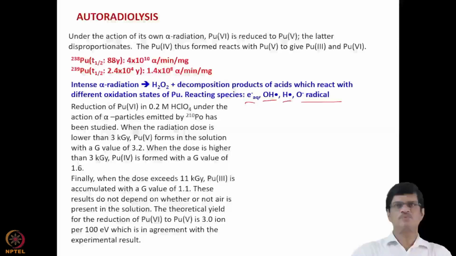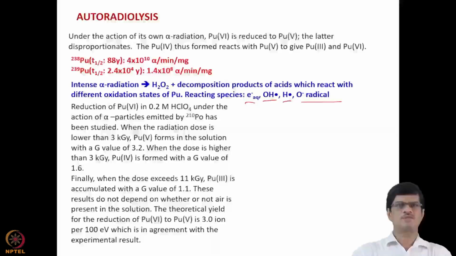Also, the decomposition products of the acids in which the plutonium solution is made, whether it is hydrochloric acid, perchloric acid, or nitric acid, those radiolytic degradation products of the acids also will be playing a part in the redox chemistry of plutonium in this medium.